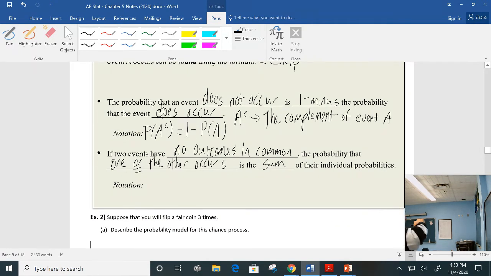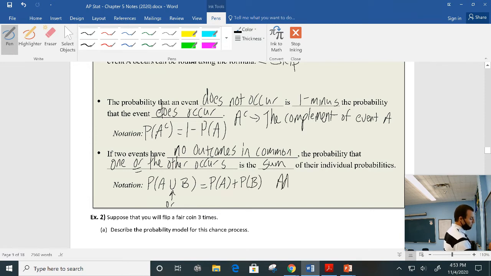The notation for that is important here. The probability of A or B occurring, and I'm going to use a special notation, that symbol represents the union, and it means the word "or". It is equal to the probability of A plus the probability of B. This is our addition rule for what we call mutually exclusive events.